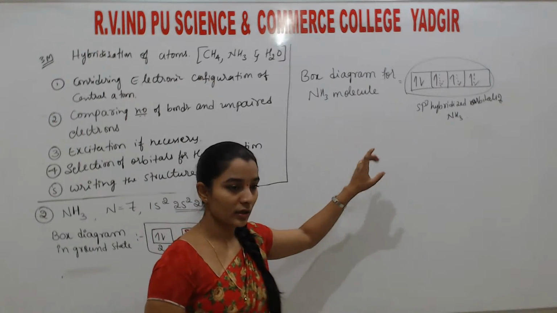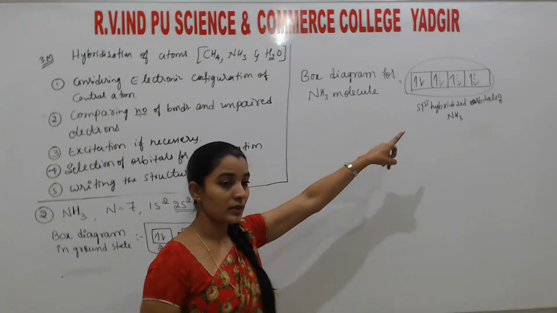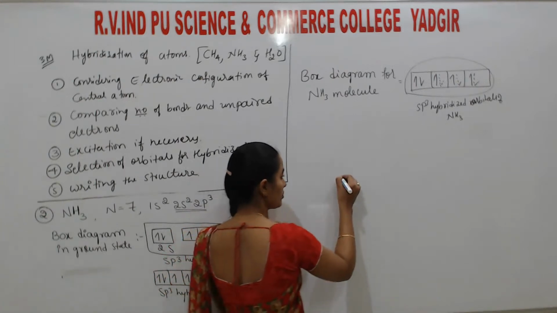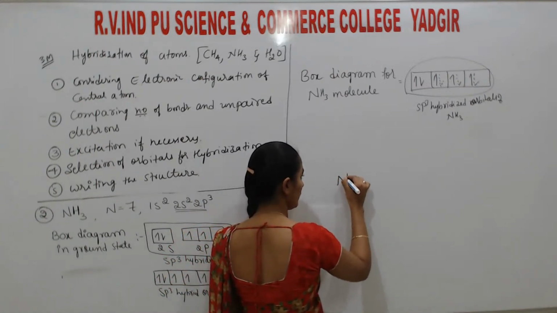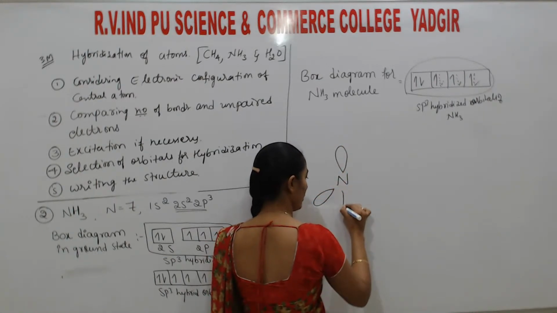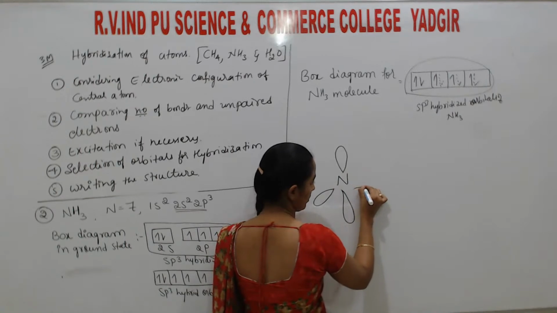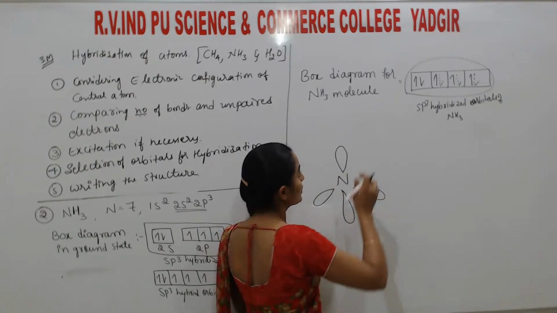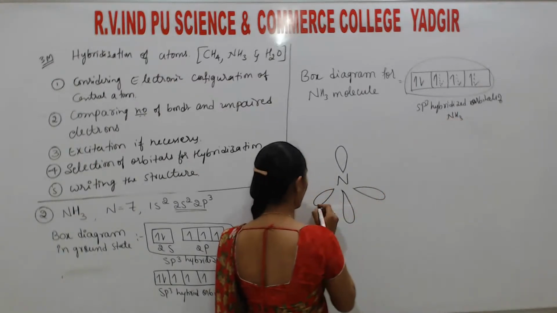Writing the structure. sp3 hybridization means the structure is what? Tetrahedron. So nitrogen is here. So these are the orbitals in the tetrahedral manner. Okay, so three hydrogens are bonded only.